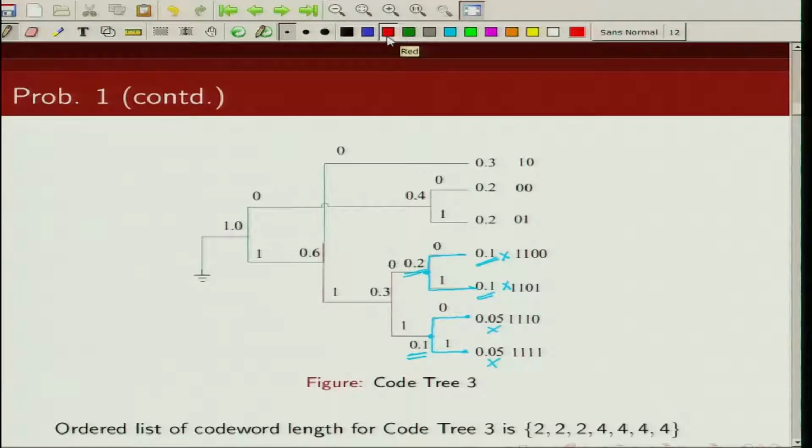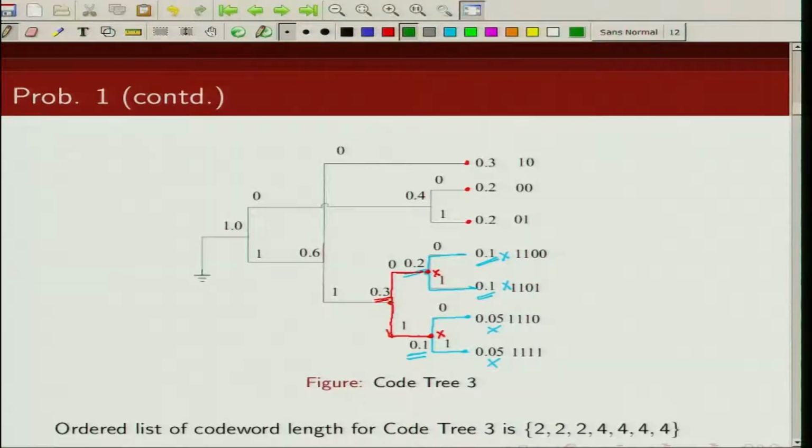At this point our active nodes are this one with probability 0.1, this one with probability 0.2, this one with probability 0.2, this one with probability 0.2, and this one with probability 0.3. I combine the 0.1 with any of the nodes which has probability 0.2. In this case I am doing it with this one. What I get is a new node with probability 0.3, and I deactivate these nodes.